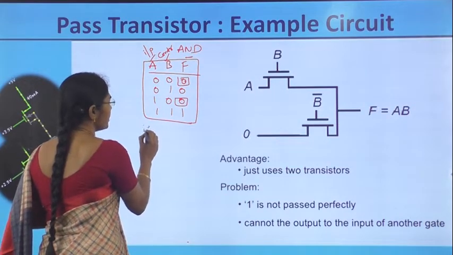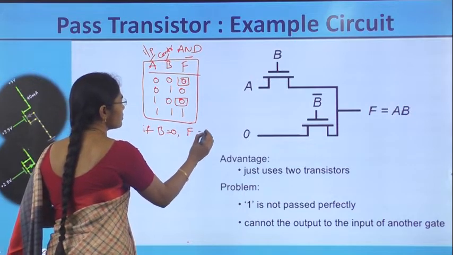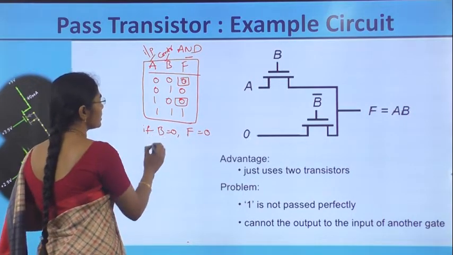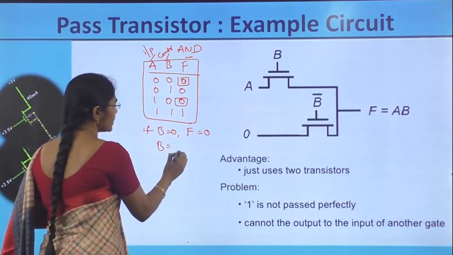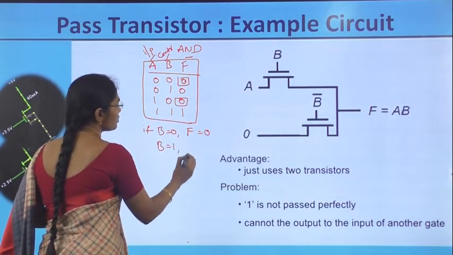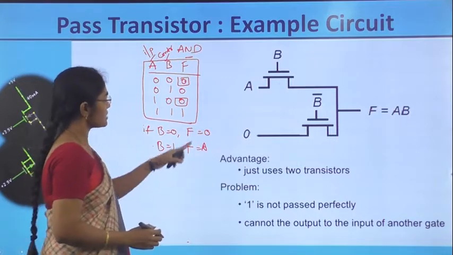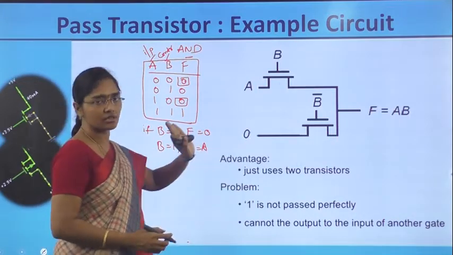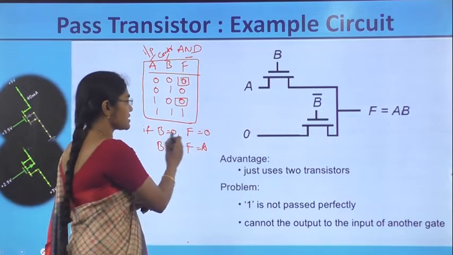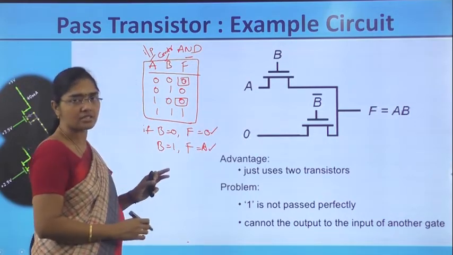From the truth table, if B is equal to 0, then F is equal to 0 only. If B is equal to 1, what about F? If B is equal to 1, F is equal to signal A only. So use this principle and construct the circuit. For this one case, one pass transistor, and for the second case also one pass transistor.